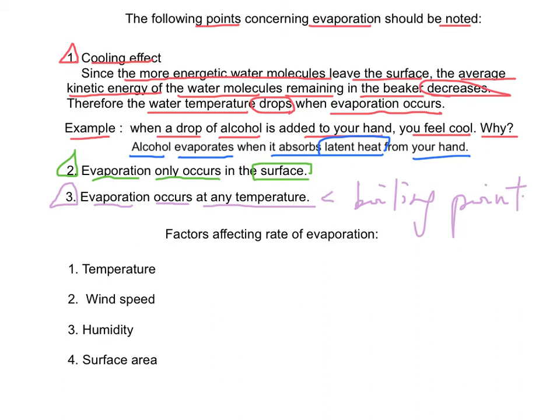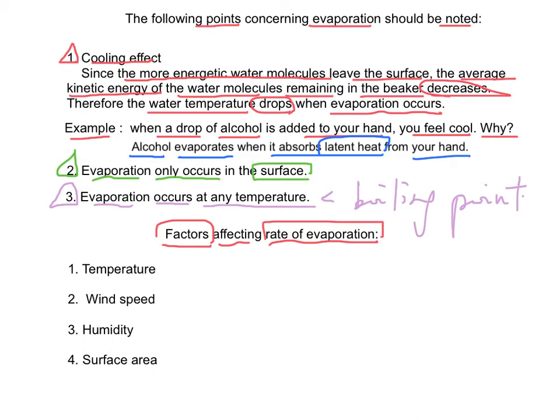Let's look at the factors 因素 affecting the rate of evaporation。有咩因素影響蒸發嘅速度？rate of evaporation 蒸發嘅速度。There are altogether 4 factors.